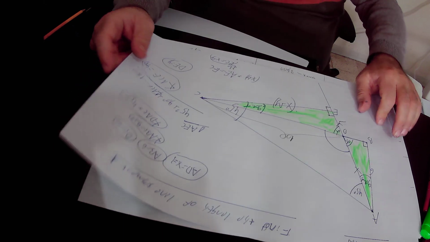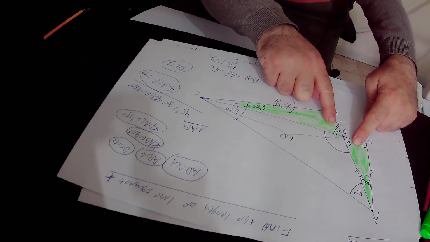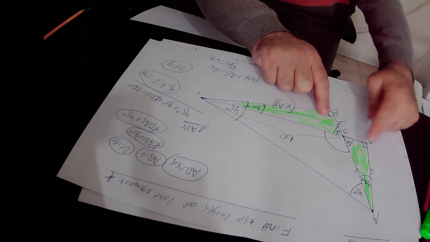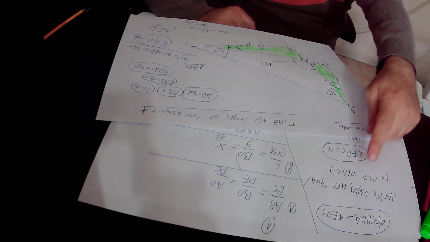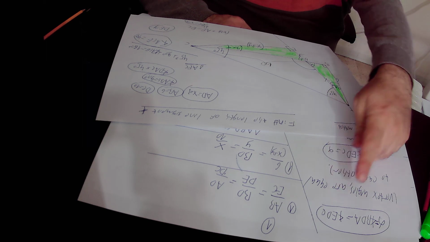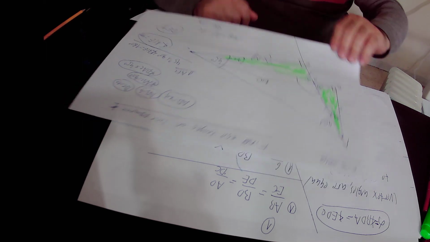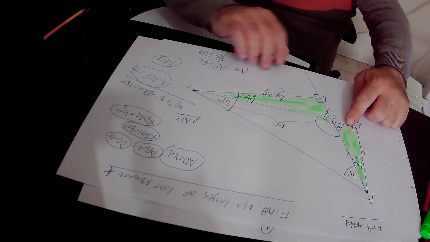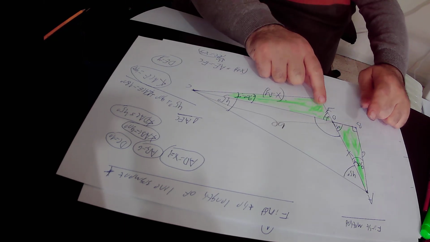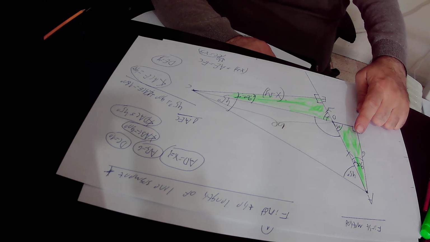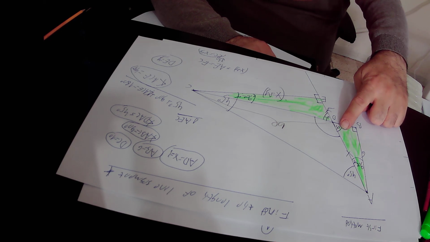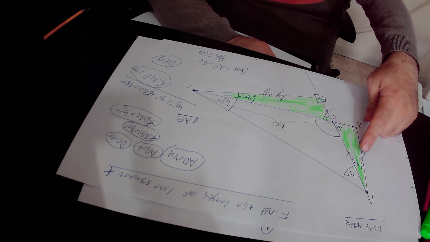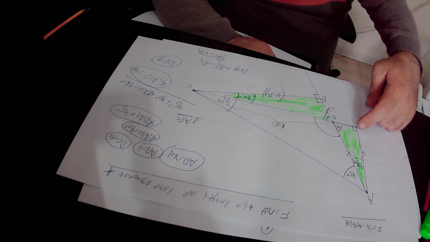Then those two angles are defined as vertex angles, and vertex angles are equal to each other. That is to say, angle BDA equals angle EDC. If we define one angle as alpha, then the other angle will also be equal to alpha. In the right triangle ABD, if this angle equals alpha, this angle must be 90 degrees minus alpha in order to complete the sum of the angles in the triangle to 180 degrees.